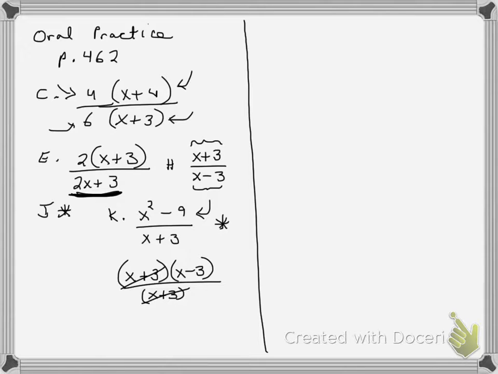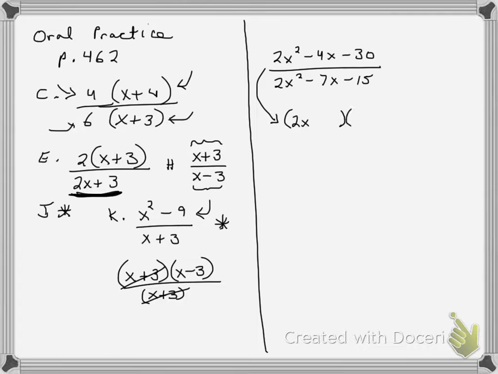Now the last idea that we have would be, what if I have a trinomial over a trinomial? I will have to factor the numerator and the denominator and then see if I can cancel. Well, in my numerator here, I would have to have a 2x and an x. Then I'll multiply, right? We're going to get 60.